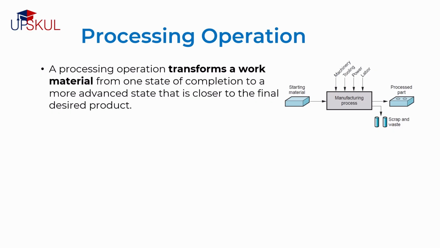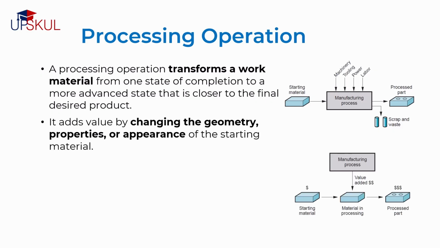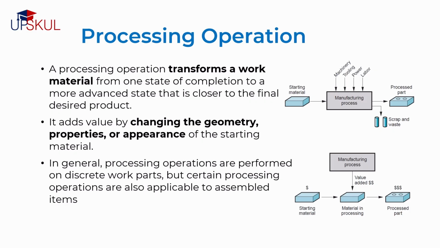It adds value by changing the geometry, properties, or appearance of the starting material. In general, processing operations are performed on concrete work parts, but certain process operations are also applicable to assembled items. For example, painting a spot welded car body.